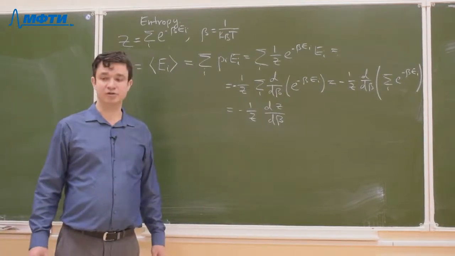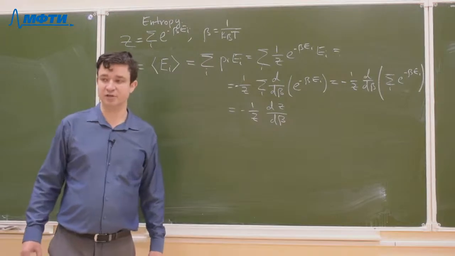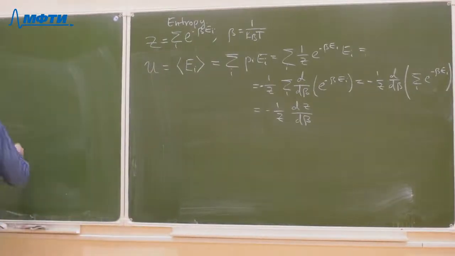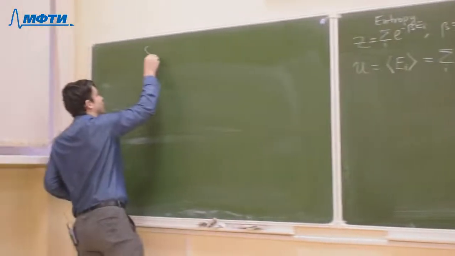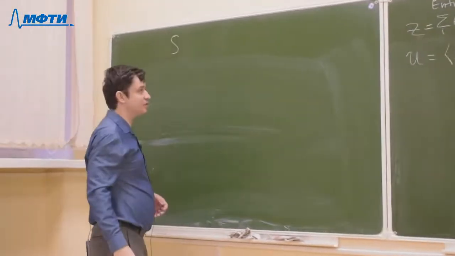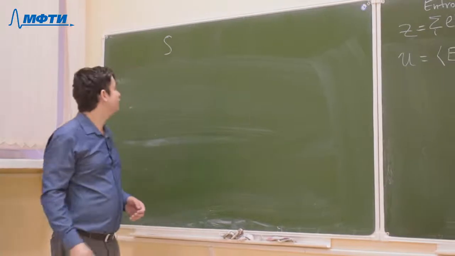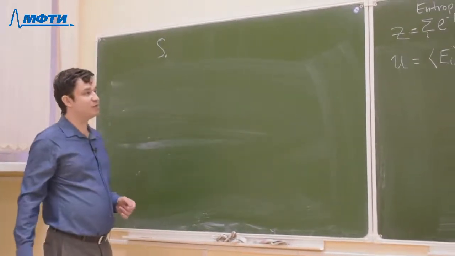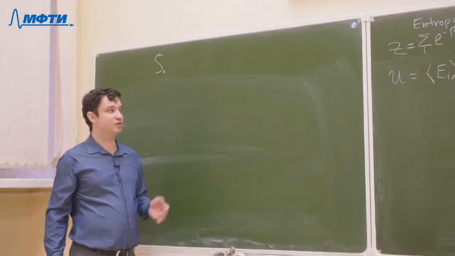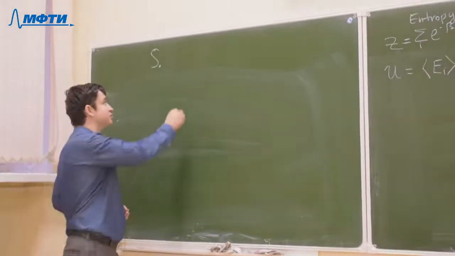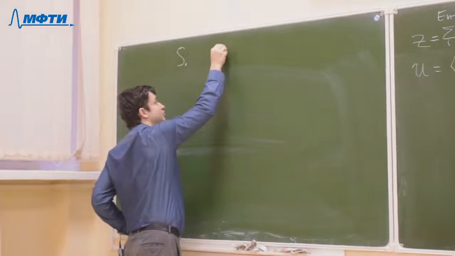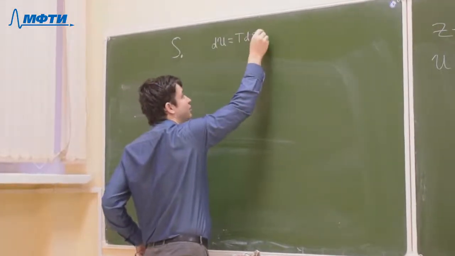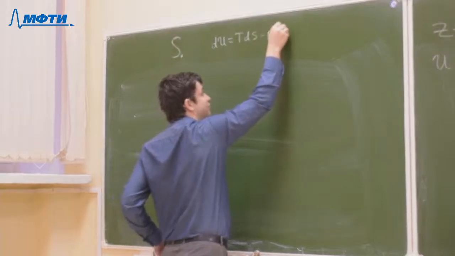Today we are going to study the entropy and how we determine the entropy. Thermodynamically we know that entropy can be related to increments of internal energy. So we know that dU can be written as TdS minus PdV.